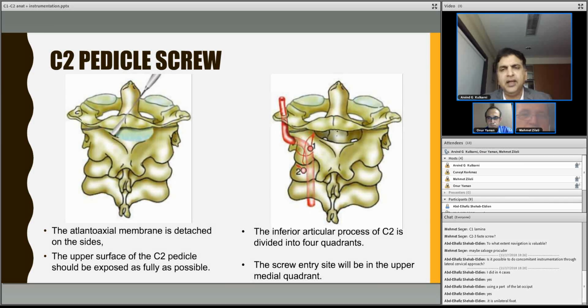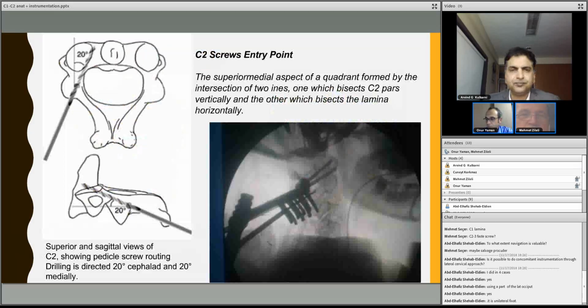It usually takes a screw about 20 to 24 millimeters in length and 3.5 millimeters in diameter. So this is how it goes: superiorly towards the anterior aspect of C2 and medially about 20 degrees.